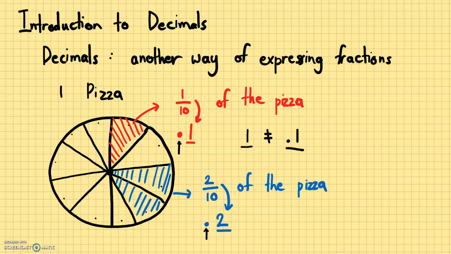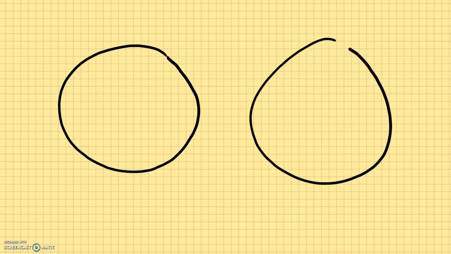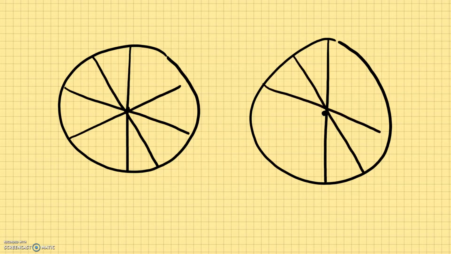Now, let's say that we have two pizzas. I'm going to divide this up into 10 pieces again. Okay, like this. And second pizza. Now we are assuming that all of the pizza pieces are equal.